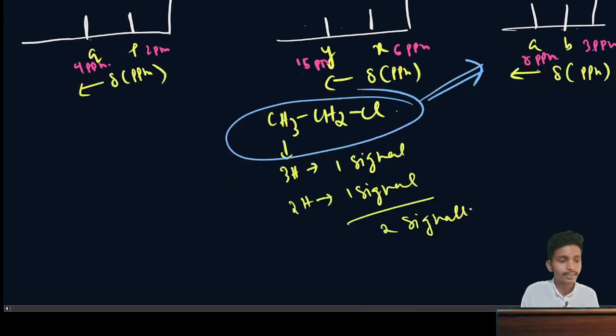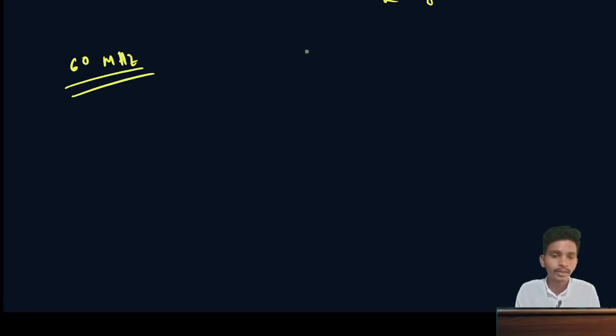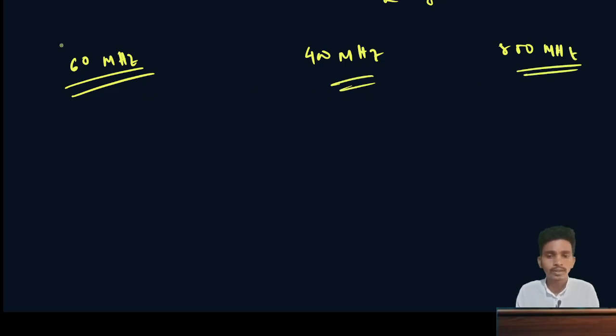So how do they get the same peaks? Let's say you are using a 60 megahertz instrument, here a 400 megahertz instrument, and here an 1800 megahertz instrument. This is lab 1, this is lab 2, and this is lab 3.